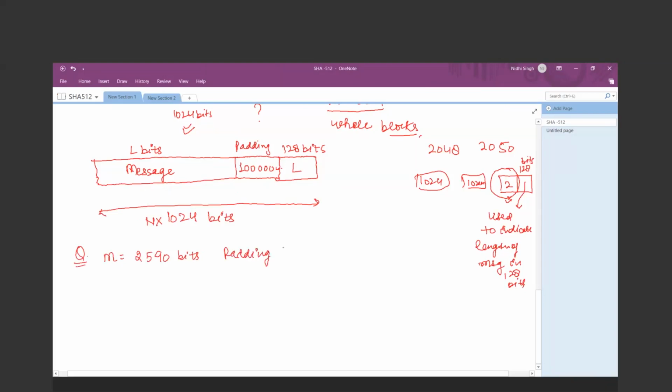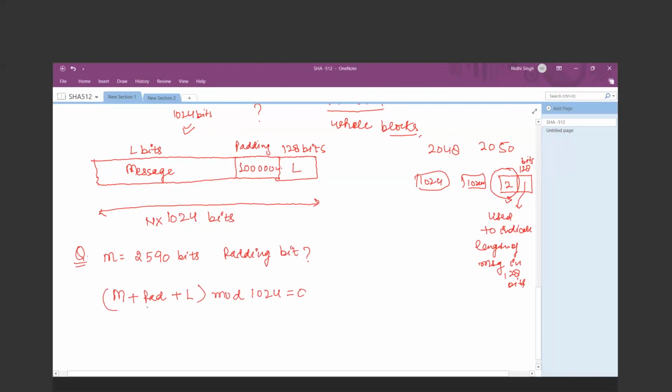Do we require padding? If we require, then how many padding bits do we have to pad? From the diagram, we can state one formula: message plus padding bits plus length of the message, these three things would be a multiple of 1024 bits. Then the mod operation with 1024 should be equal to 0.